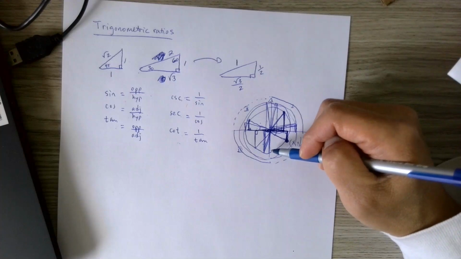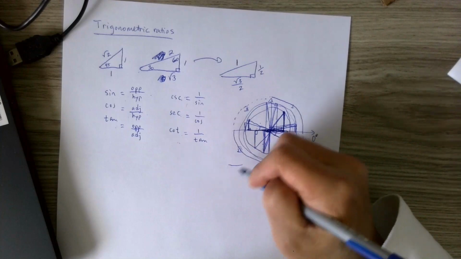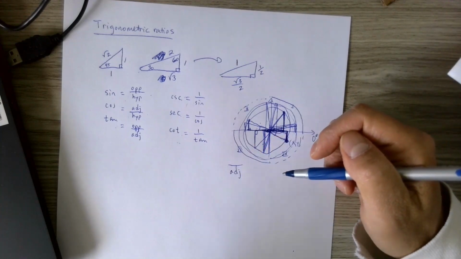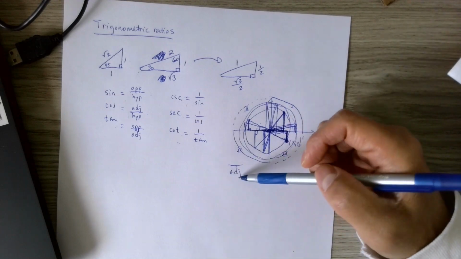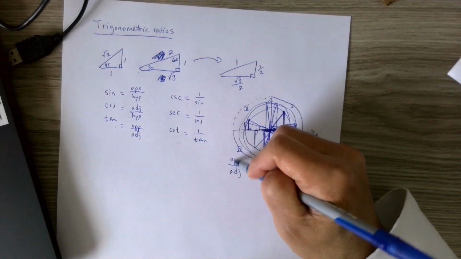So if I have a trig ratio that uses the adjacent side in the denominator, that means we're going to eventually have something over 0, and that would give us an undefined value. So something over adjacent would be tangent.